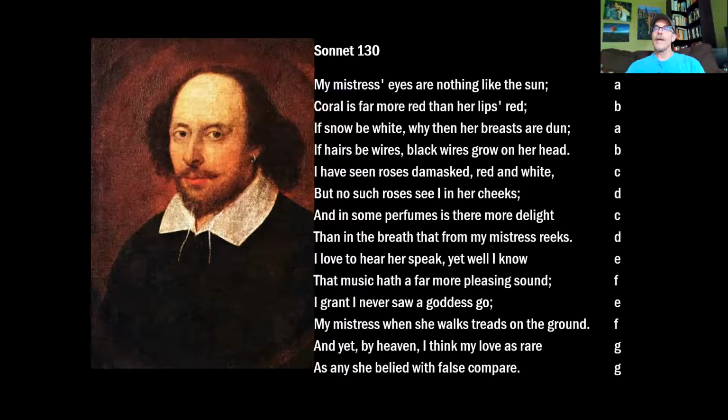Shakespeare's poem here is essentially a clapback at these poets who are writing this nonsense about the women they are focused on. Okay, so here it is, Sonnet 130.